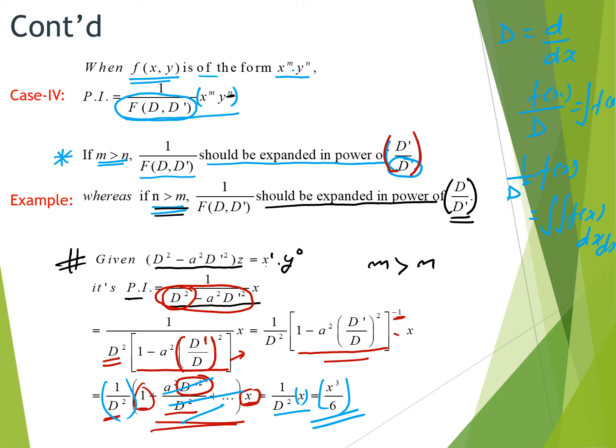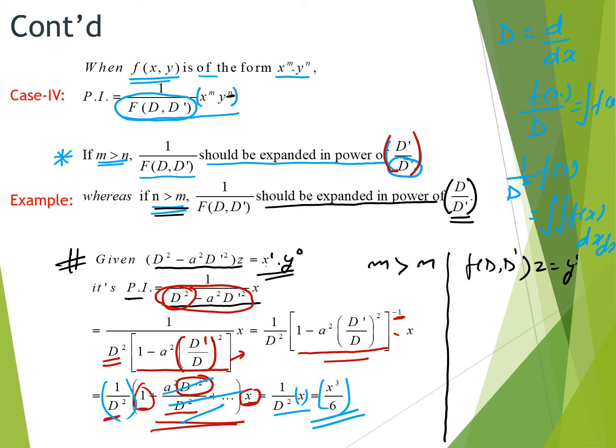Let us assume that instead of x into y to the power 0, we have f(D, D') z is equal to y. That means the power of y is more than the power of x.